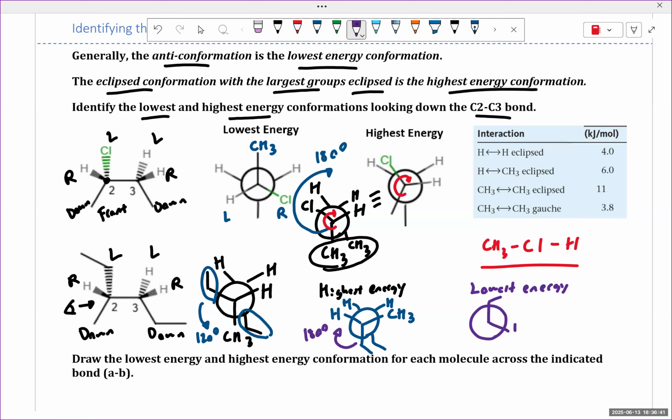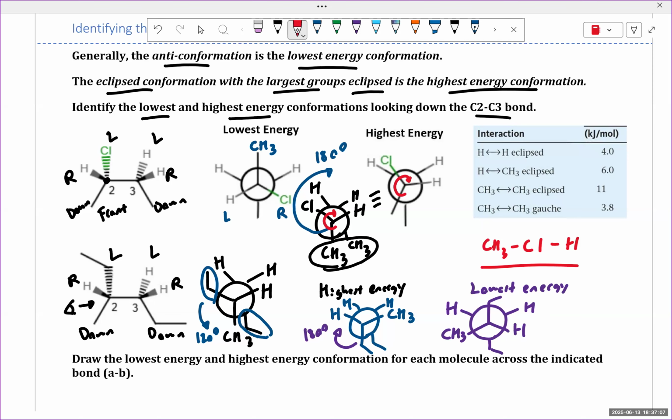The hydrogen ends up on the right, and the methyl group ends up on the left. All back substituents end up retained in their same position. When you rotate the carbon-carbon bond, only change either the front or the back substituents, never both. It'll be less confusing that way.